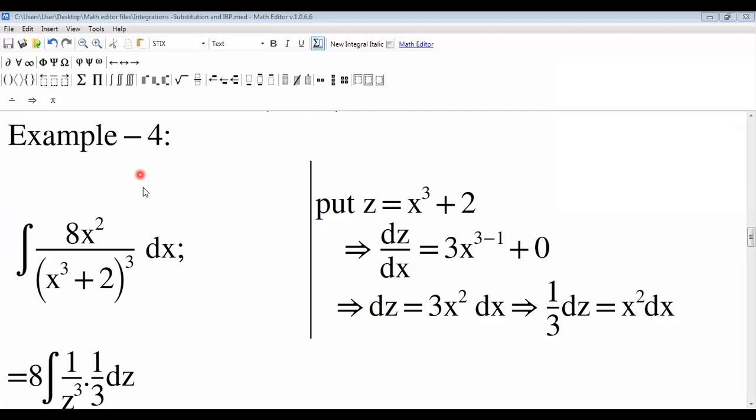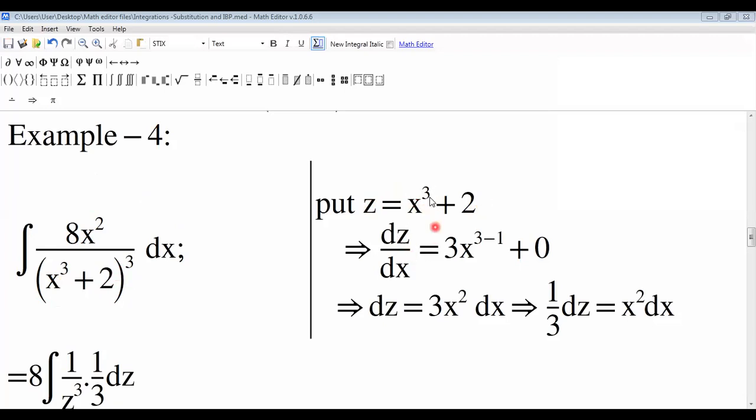Now another example like the previous one: integration of 8x square divided by (x cube plus 2) whole cube dx. How can we find this integration? By the substitution process. First of all, put z equals x cube plus 2 within brackets.